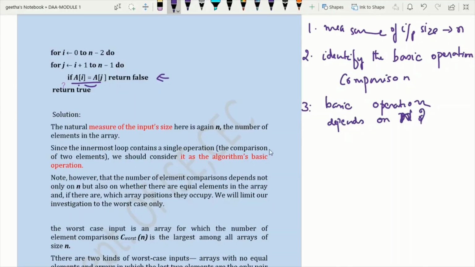Here, the basic operation does not depend only on n, but also on whether there are equal elements in the array, and if there are, which array positions they occupy. So this basic operation depends not only on n but on other characteristics also. If the elements are equal, then it behaves differently.